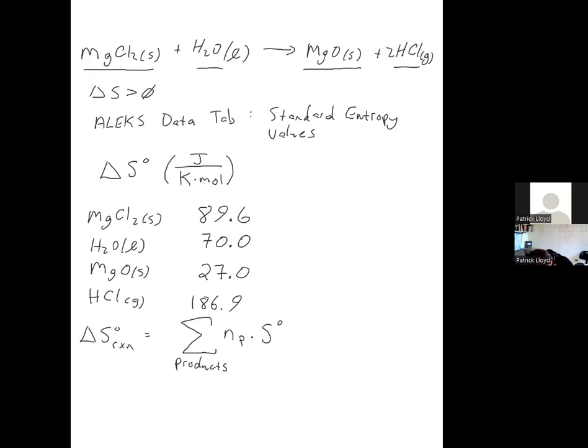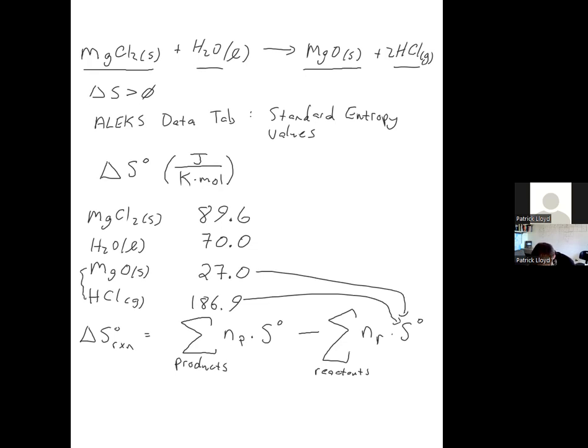So this is products minus the sum of the reactants. So you're taking products minus reactants, just like we did with enthalpy changes. Put an R there and then times S naught.